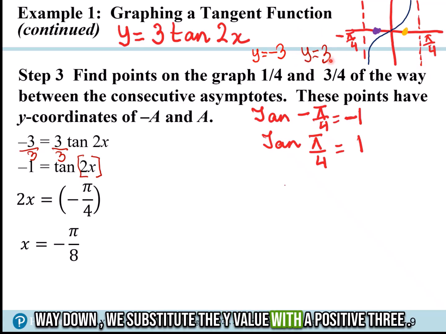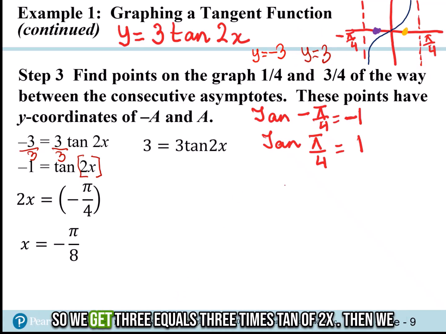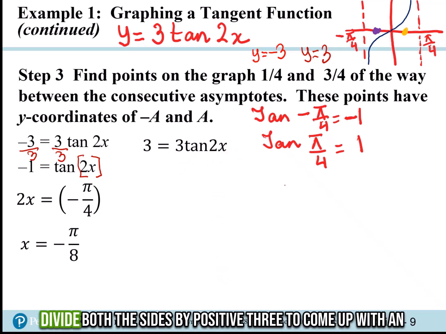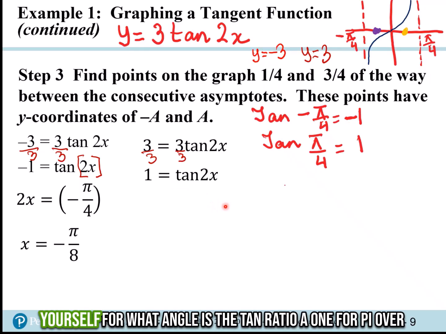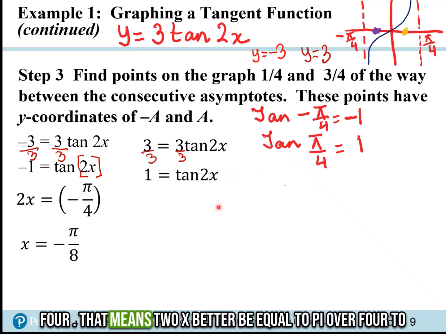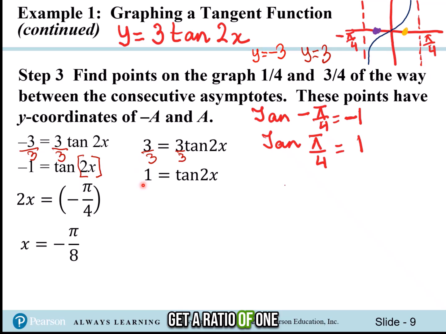To find the x coordinate of the point which is 3/4 way down, we substitute the y value with a positive 3. So we get 3 equals 3 times tan of 2x. Then we divide both sides by positive 3 to come up with 1 equals tan of 2x. Again, ask yourself, for what angle is the tan ratio a 1? For pi over 4. That means 2x better be equal to pi over 4 to get a ratio of 1.